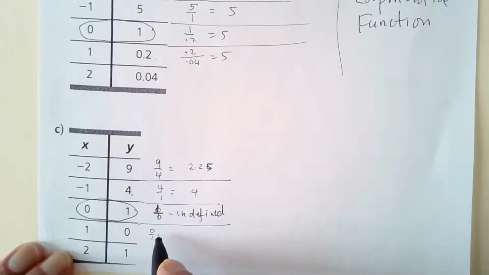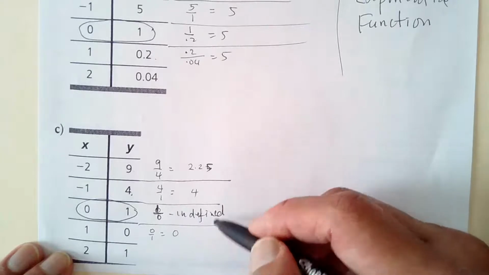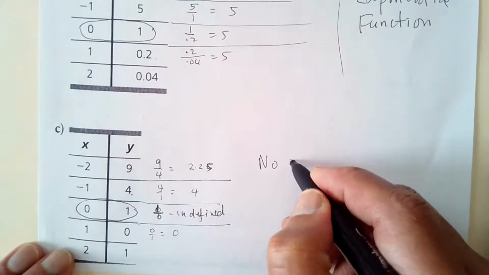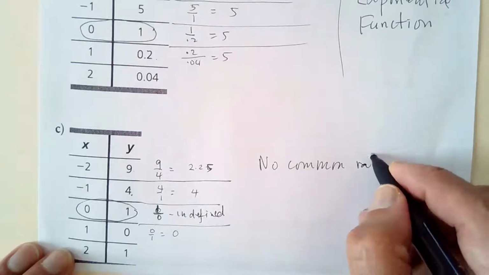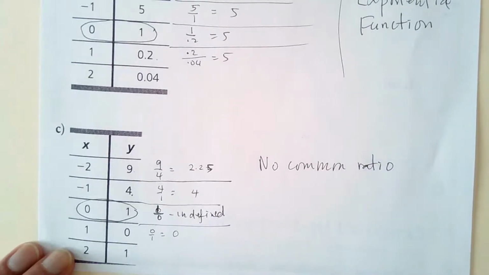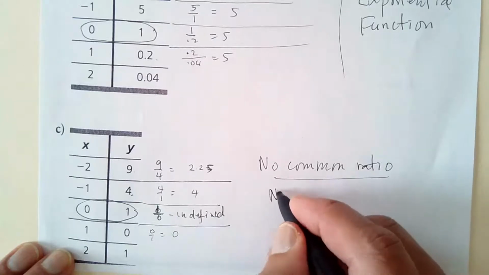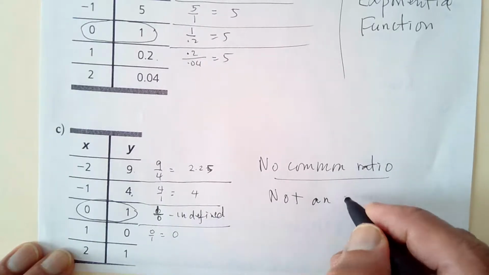Zero divided by 1 is 0. There is no common ratio. So not an exponential function.